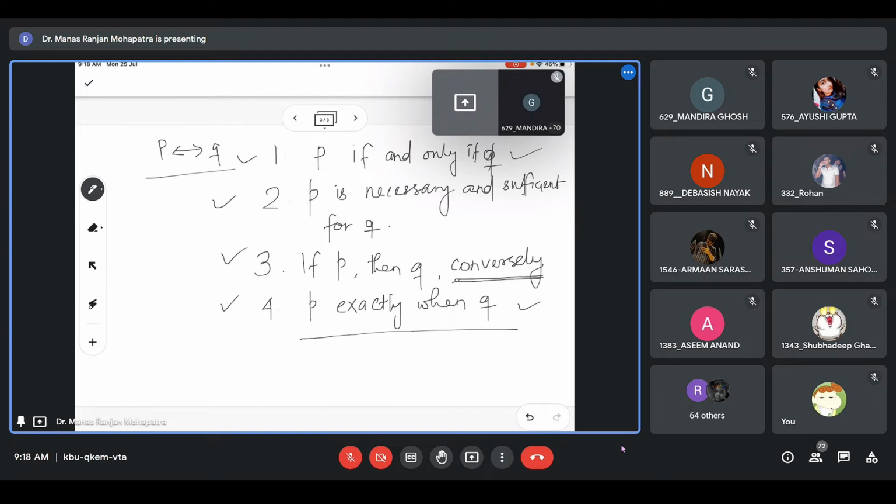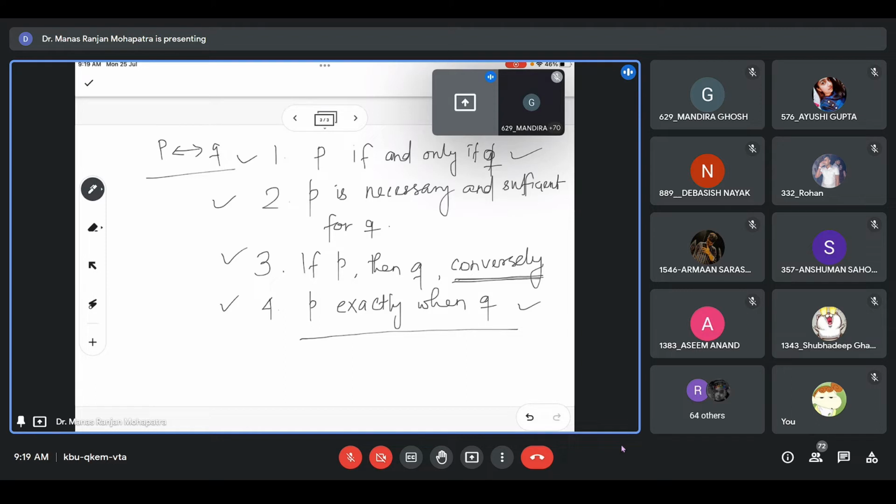So till now, we have seen that we can form compound statements by using connectives, and we have discussed five connectives like not, and, or, exclusive or, conditional, and biconditional.